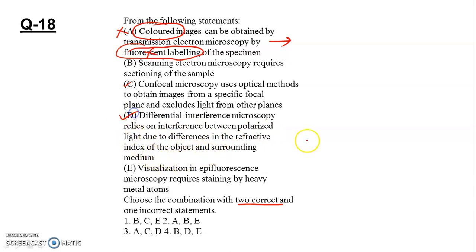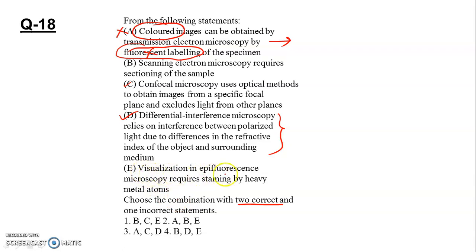Yes, this is also correct. DIC is a modified phase contrast microscopy, and a mirror is used for polarization.